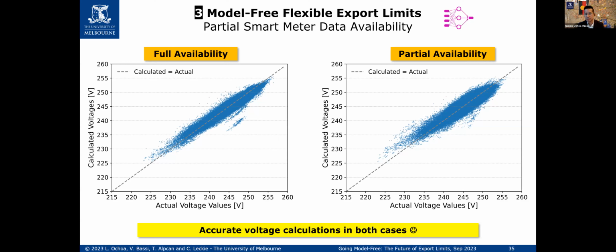But the idea here was to demonstrate that the export limits can actually be calculated with pretty good accuracy, because the voltages are also calculated with pretty good accuracy. The corresponding curtailment can be calculated afterwards, or simultaneously, because the moment you have the export limits, you can estimate the corresponding curtailment. That hasn't been included in this particular webinar and the reports, but yes, we are interested in doing that as well, to be honest.